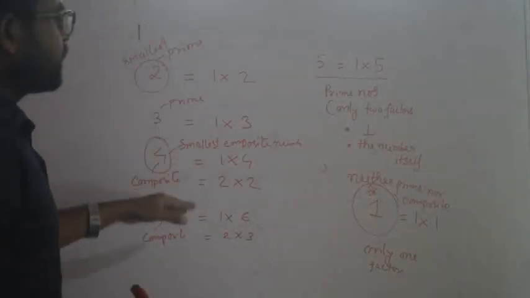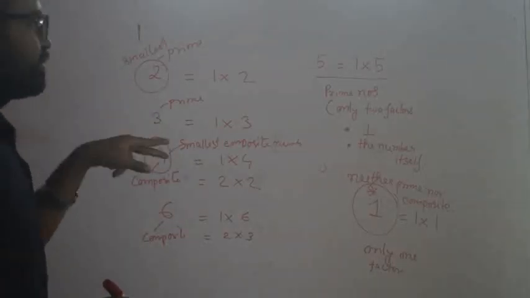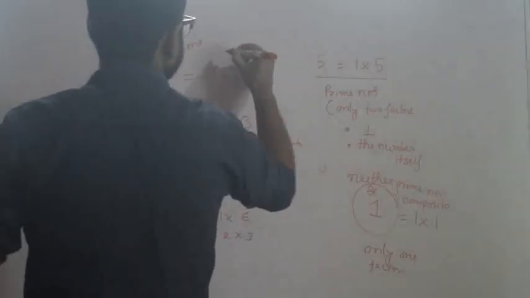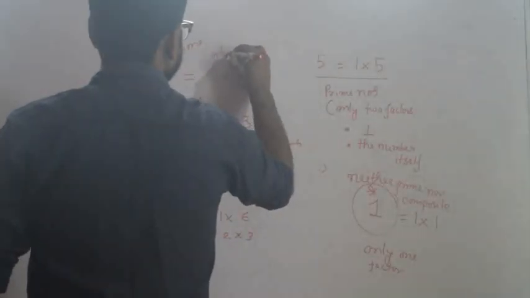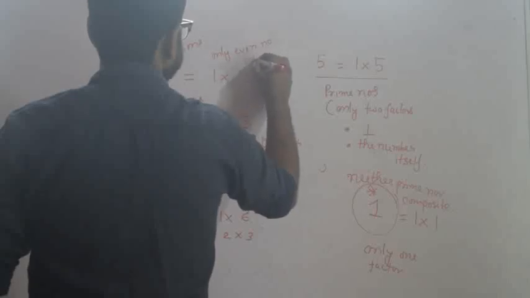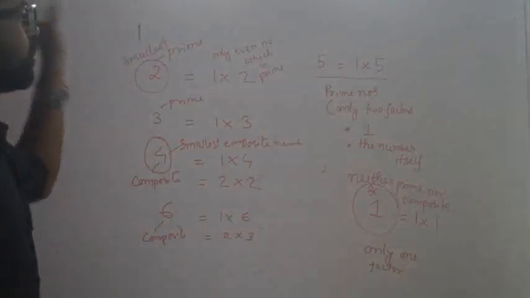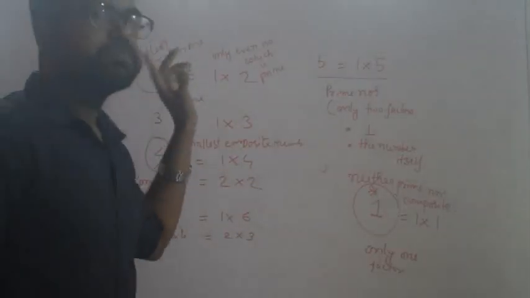And if you look at the pattern, the only even number which is prime is 2. So 2 is the only even number which is prime.